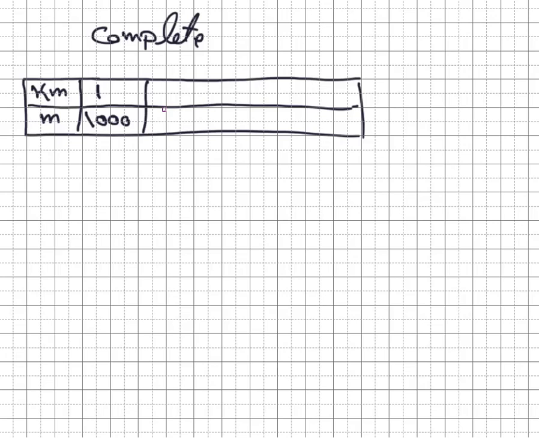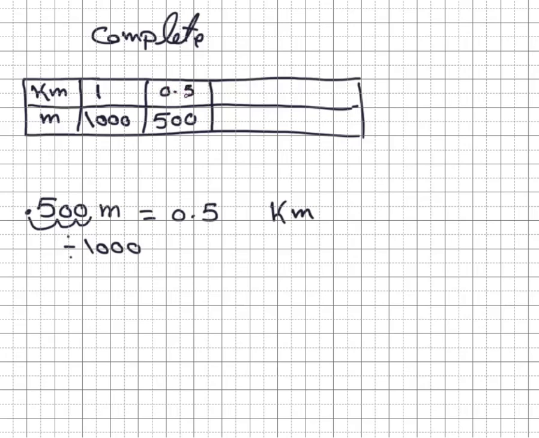But here he gave me only the meter, 500. Now we take 500 meters equals how many kilometers? The upper part is kilometer. We have to divide by 1000. 500 divided by 1000, the answer is half. Or move the decimal point 3 units to the left. It will become 0.5. Now the answer here is 0.5.